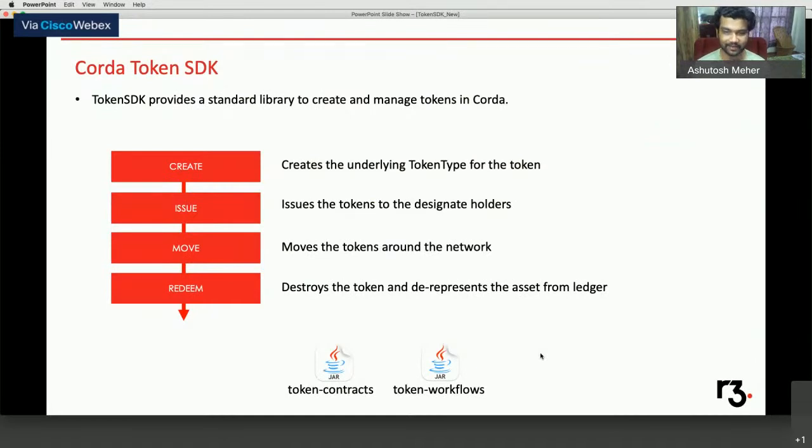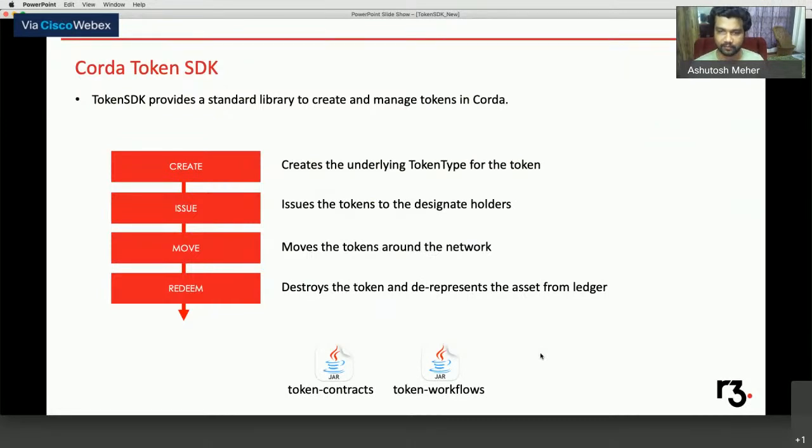When I say create, it's more like creating the underlying asset. The underlying asset could be an on ledger asset or an off ledger asset. The asset itself could be on your Corda ledger, right?